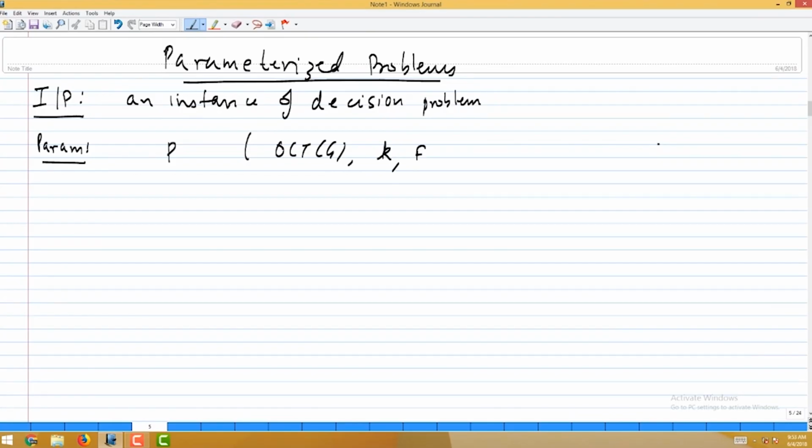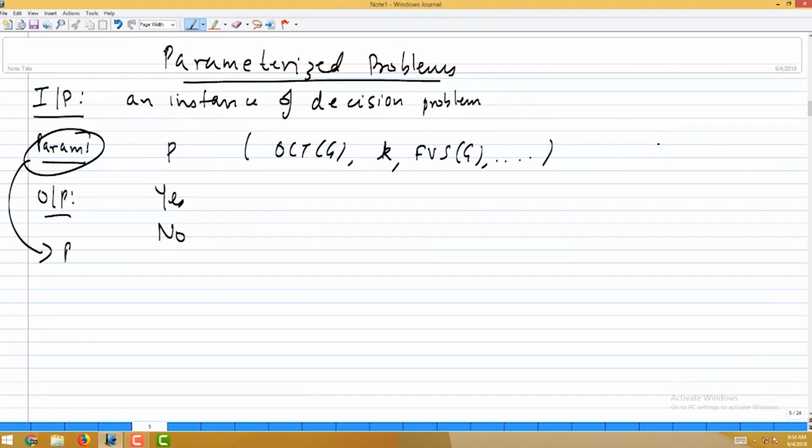You could parameterize it by the feedback vertex set of the graph. You all know what feedback vertex set is? Okay. The choices for parameters are numerous. You can choose any parameter that you want and design an algorithm for it. Again, the answers it gives are the standard yes/no answers for the decision problem. The parameter plays a role only in defining its running time.